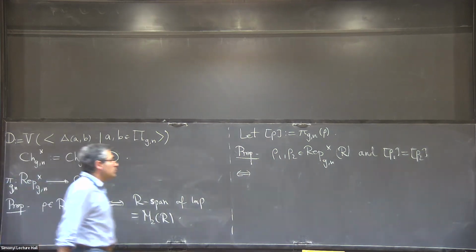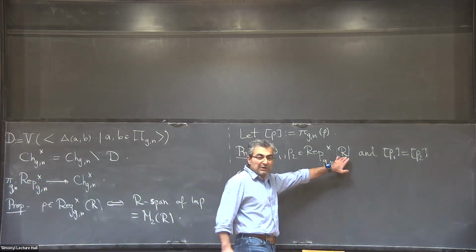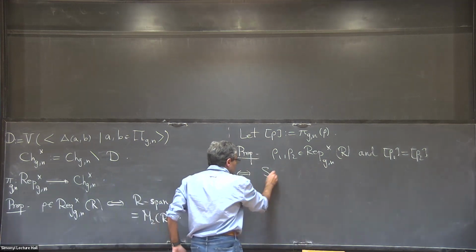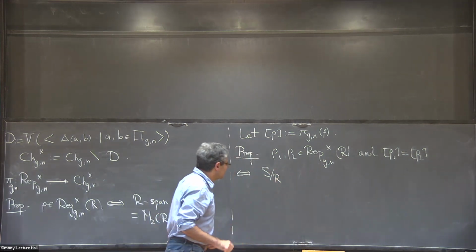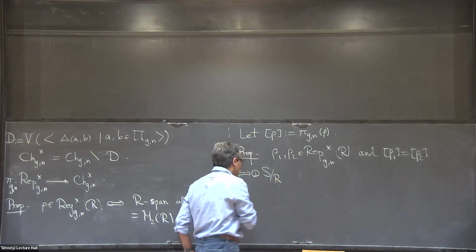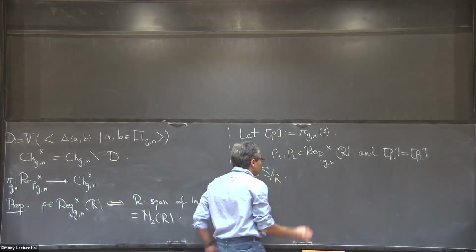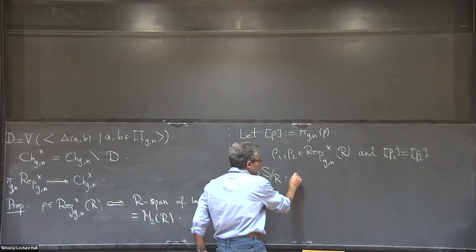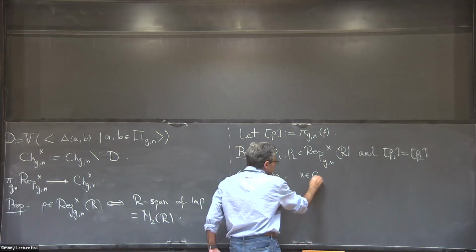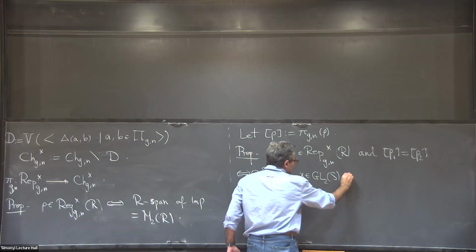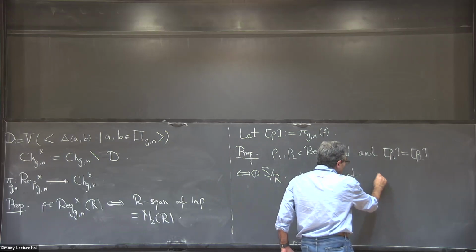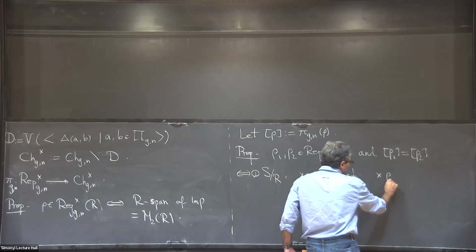It is kind of true, but we need to enlarge our ring. So there exists some ring extension of S, it's quite restrictive, and I will explain it a bit more, and some matrix X inside GL2 of the extension, such that conjugation by X goes from one to the other.